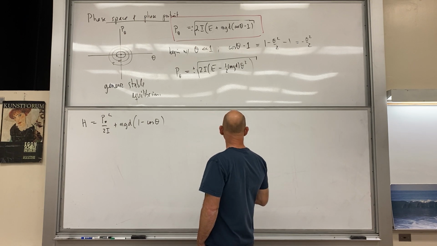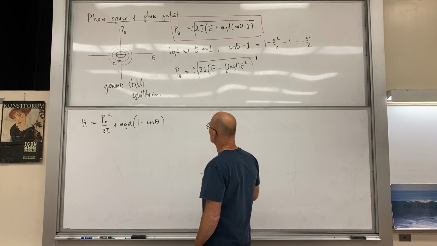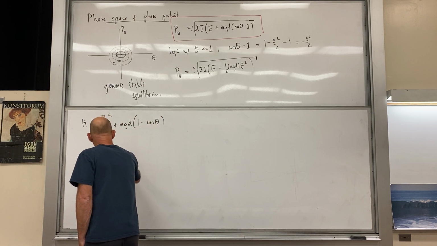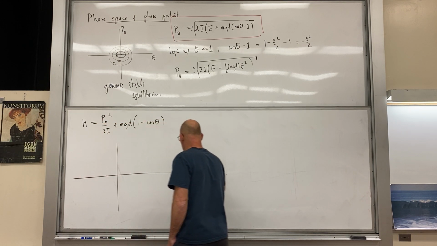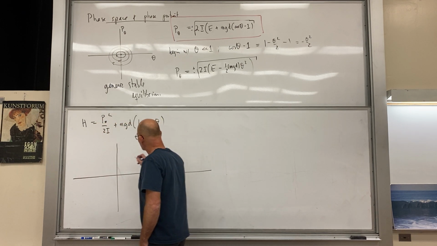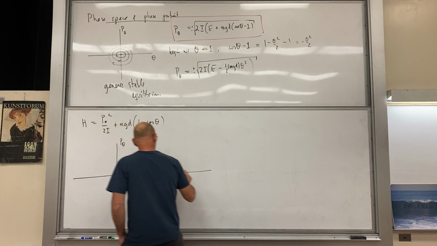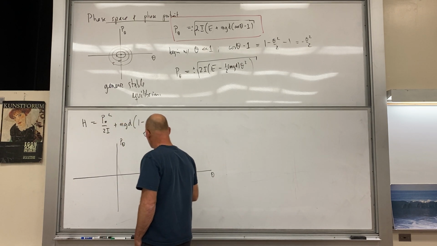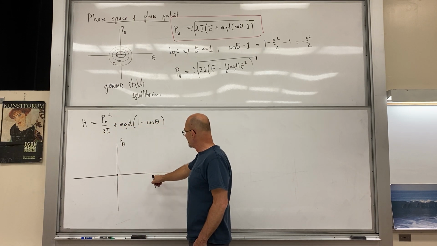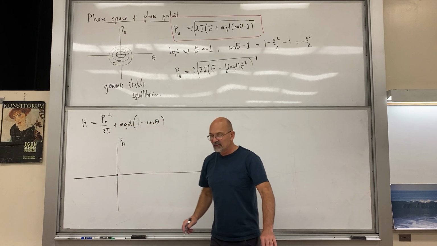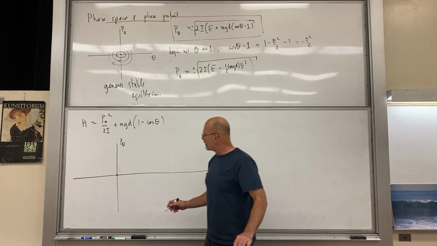So for that, we'll go right under here. We have to be a little more exact. So this is p sub theta and theta, because there's our stable equilibrium point, theta equals 0. The unstable equilibrium is theta equals pi.